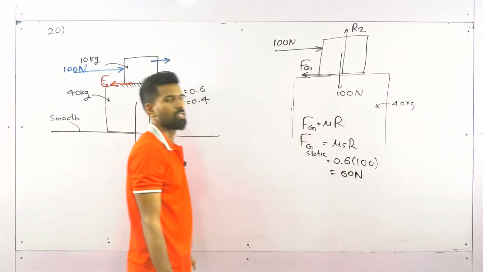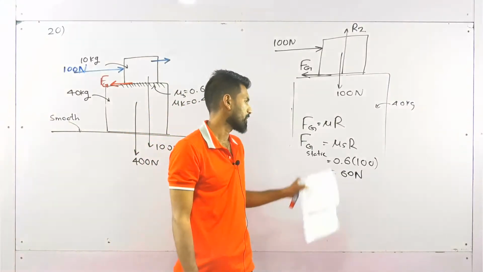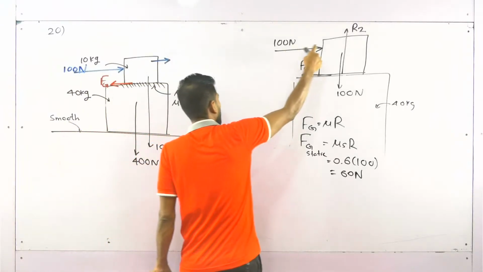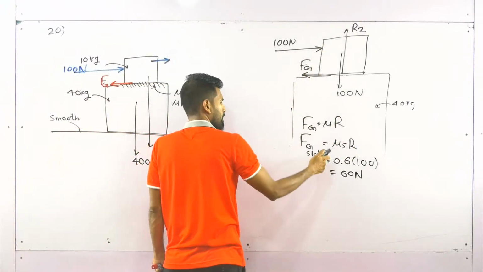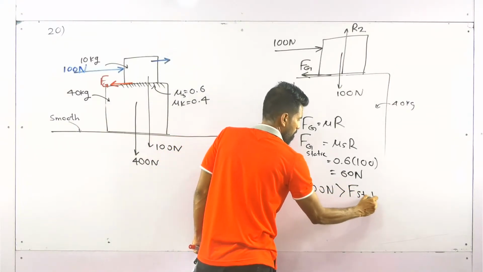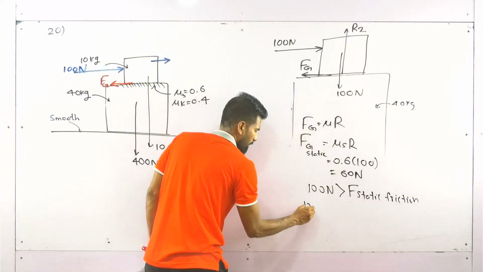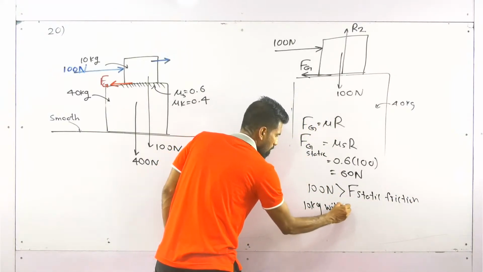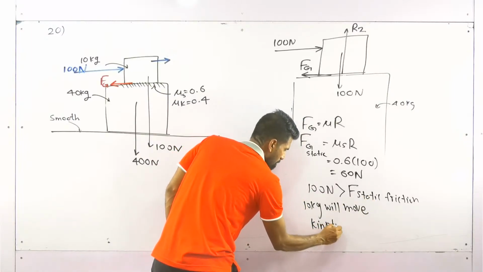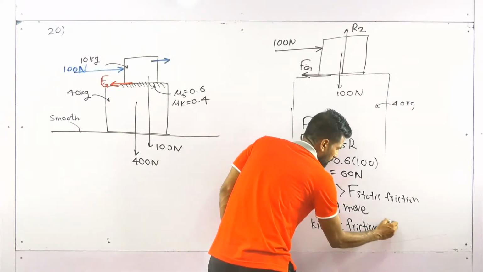Then what will be the value? 60 newtons. So the highest friction that might occur here is 60 newtons. And a 100 Newton force is acting. So 100 Newton is larger than this static friction value. So what will happen? The 10 kg will move, so kinetic friction will occur.